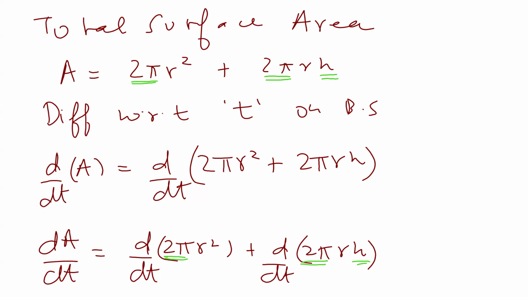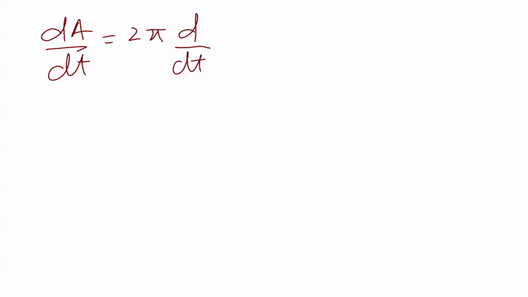Should I proceed? Okay, so I'll go to the next slide now. dA by dt is equal to 2 pi d by dt of r square plus 2 pi h d by dt of r.